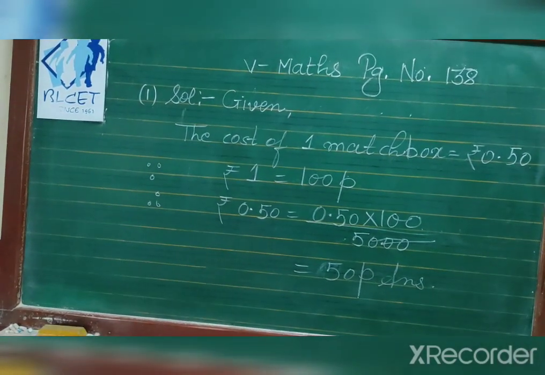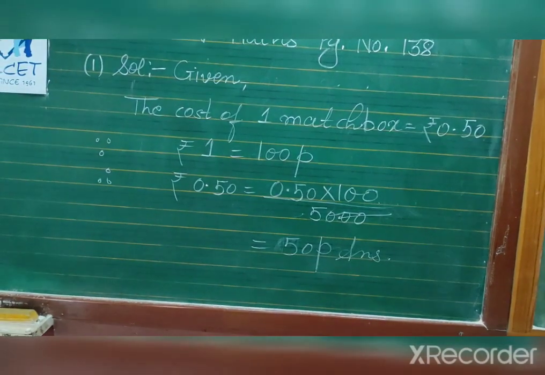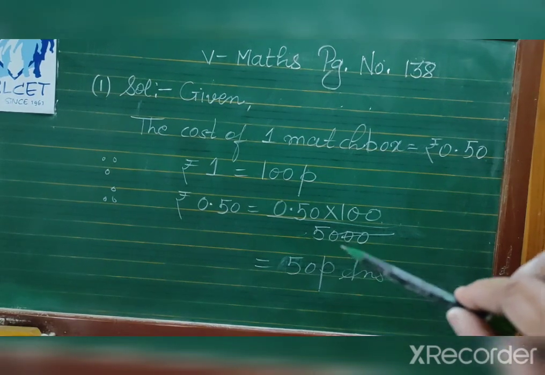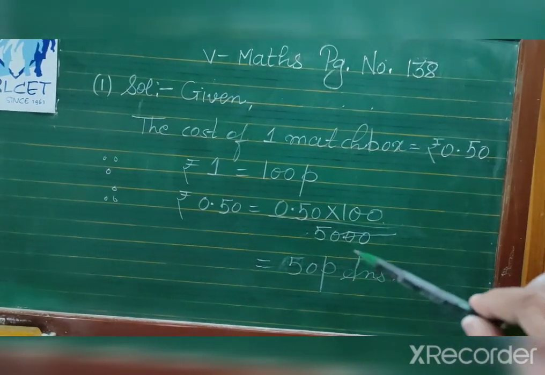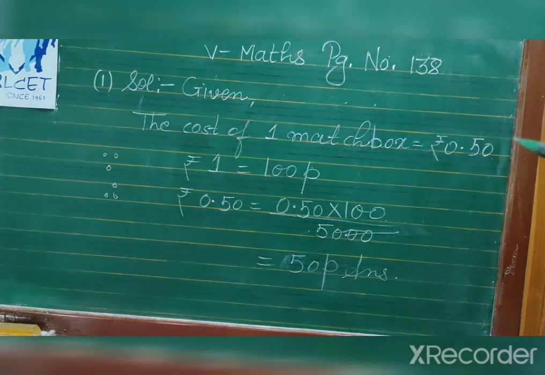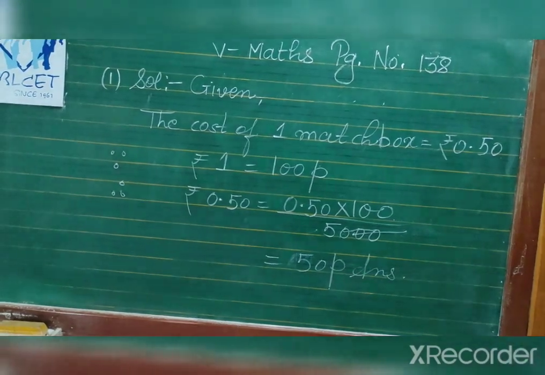After the decimal, we can cancel only zeros, if the zeros are at the last. So the cost of one matchbox is 50 paise. Rupees 0.50 is given. We have changed this rupees into paise. So the cost of one matchbox is 50 paise.